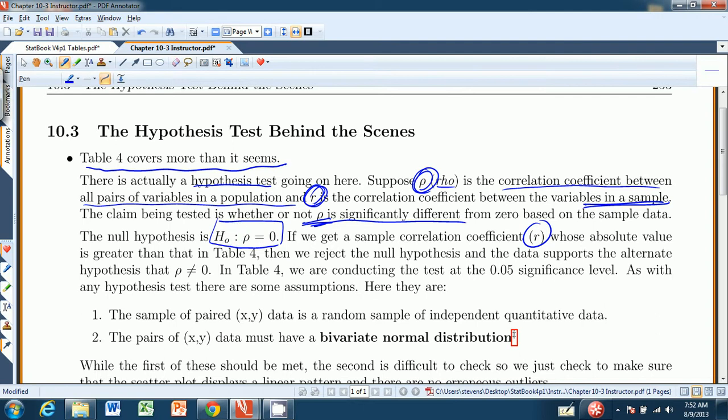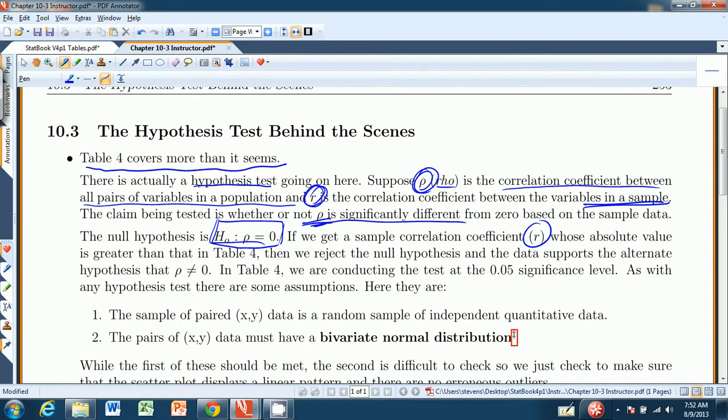So basically we'd get a p-value or critical values, but the critical values in Table 4 are those that determine the rejection region, right? If your value of R is bigger than the one in the table, the test statistic is in the rejection region, just like we did in chapters 8 and 9, and you reject the null hypothesis, right?